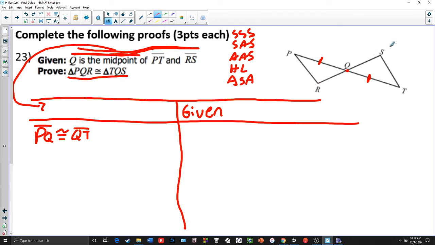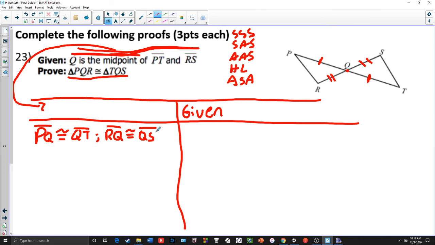And that also holds true for RS. RQ is the same as QS. So RQ, we'll put that on the same line here. RQ is congruent, make a Q there, is congruent to QS. Because Q is in the middle of that as well. It says it's the midpoint of both.